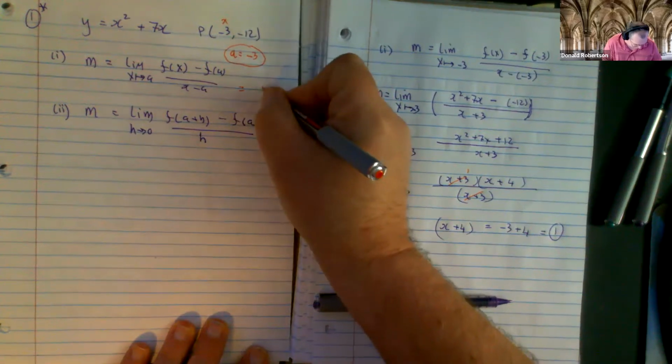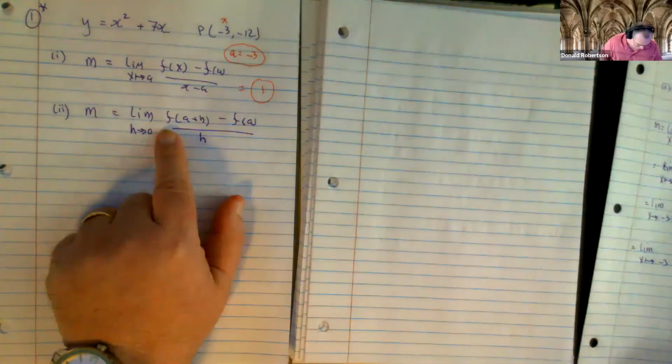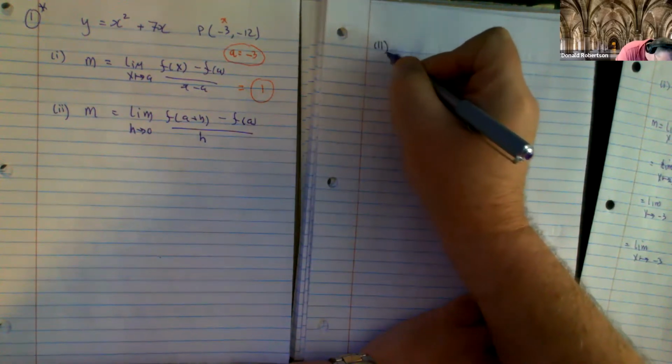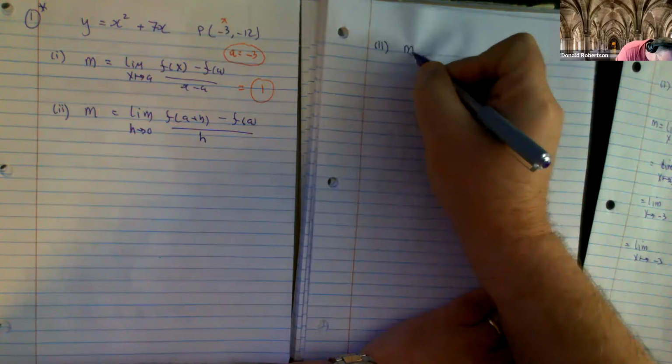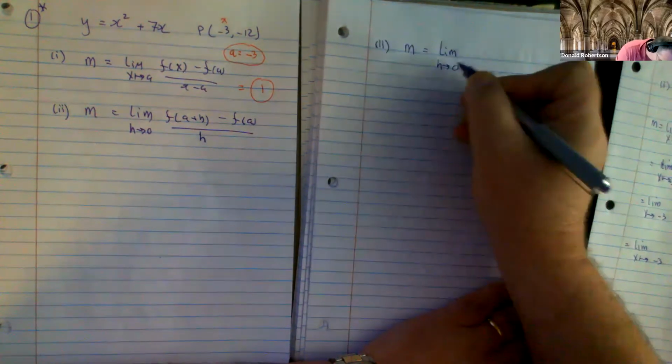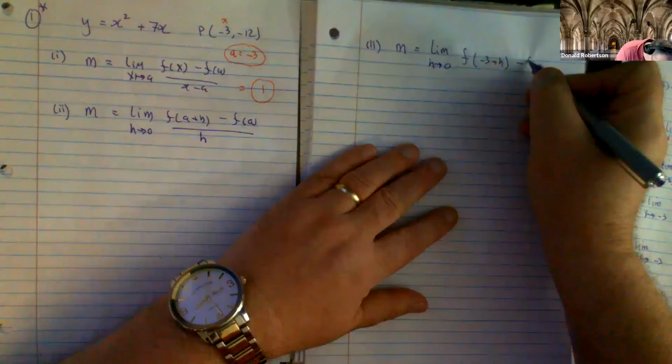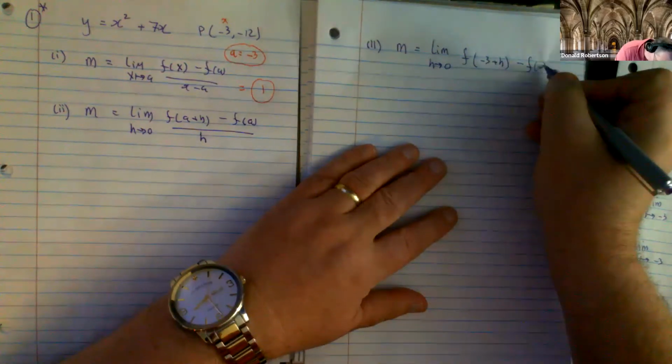And if I do the second method, this one here, the slope of the tangent line is going to be the limit as h tends to 0 of f of -3 plus h, take away f of -3, all over h.